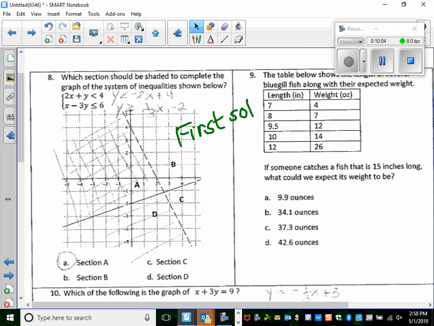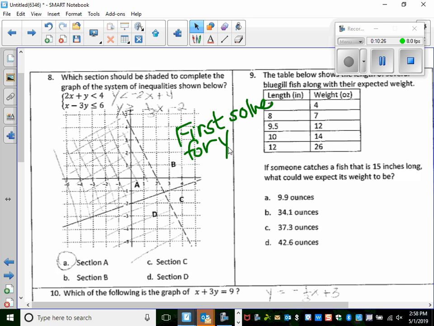Write it down. You have to have it in slope-intercept form so you'll know which way to shade it. Because this one, I ended up dividing by a negative, so see how it changed from less than to greater than? So first, make sure it's in slope-intercept form.